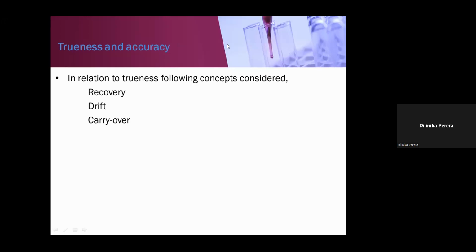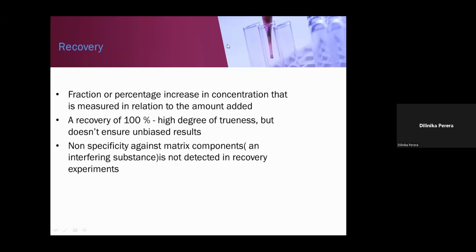So what do we mean by recovery? Recovery is the fraction or percentage increase in concentration that is measured in relation to the amount added. We add an amount and check how much we can recover. If it is 100% recovery, there is a high degree of trueness, but it does not mean that it is unbiased.